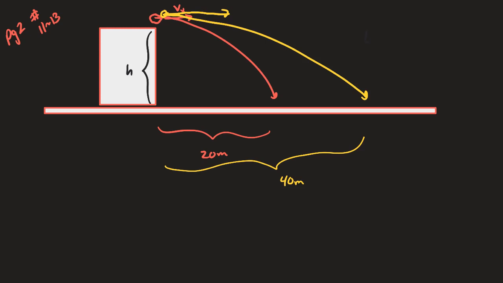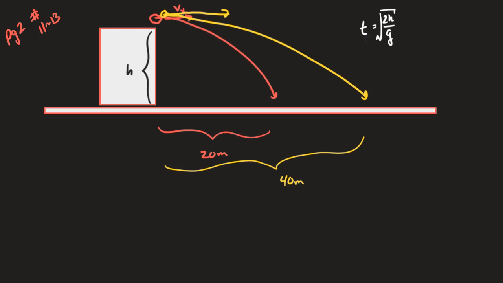The time of flight is really dependent on the vertical property, which in this case, since it has no vertical velocity, is going to be the square root of 2h over g. And we've talked about this quite a bit. So both rocks will hit the ground having traveled for the same amount of time.